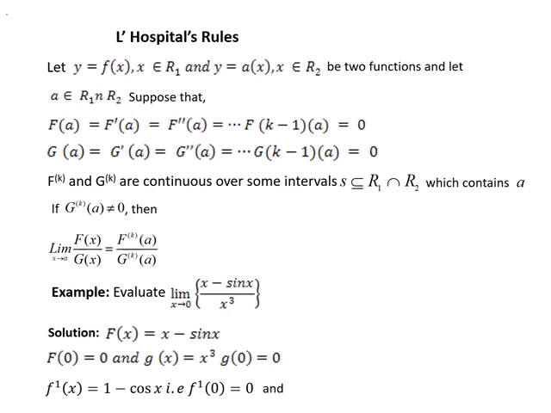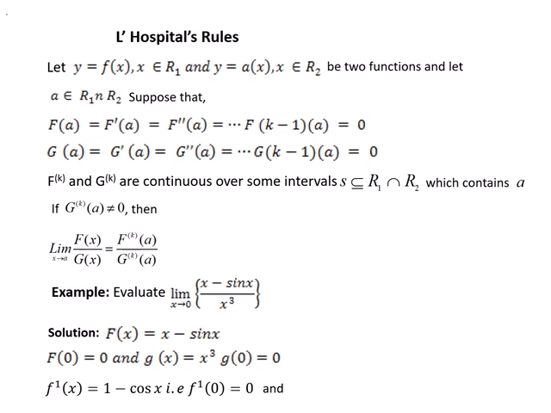L'Hopital's rule. Now here, let y equal to f of s in R1 and y equal to g of s in R2 be two functions, and let a be in R1 intersect R2.